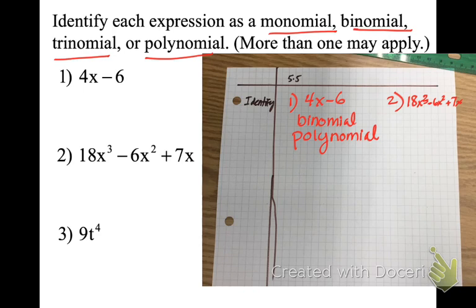It's a trinomial. What else? Is there anything else? No, it's to the third, the second, and the first. No, they can't be simplified. What else could it be called, Riley? A polynomial.